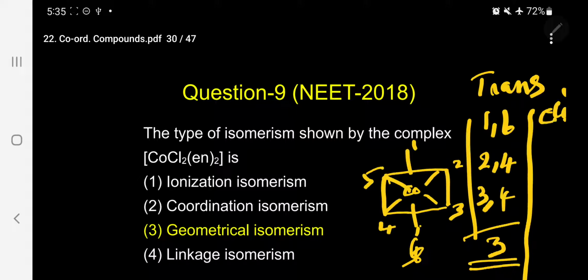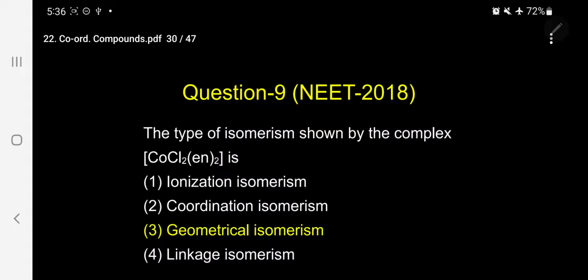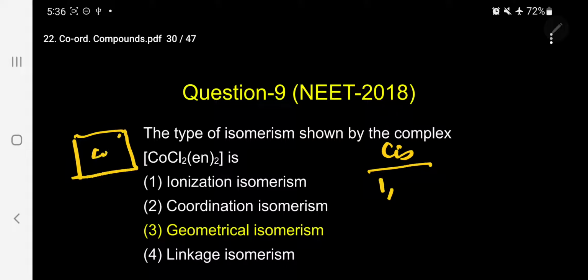Kindly follow. In cis isomerism, what are the positions? I can write now, kindly follow. 1, 2, I can write the structure here, because there is no space I will repeat again. So this is 6. You can easily understand, cobalt at the center, 1, 2, 3, 4, 5, 6.